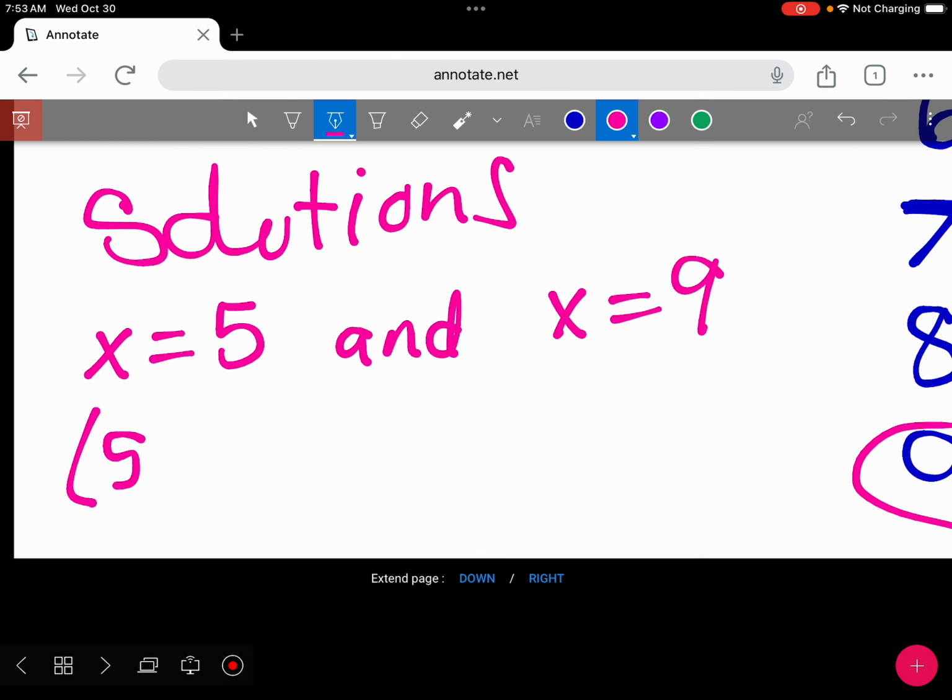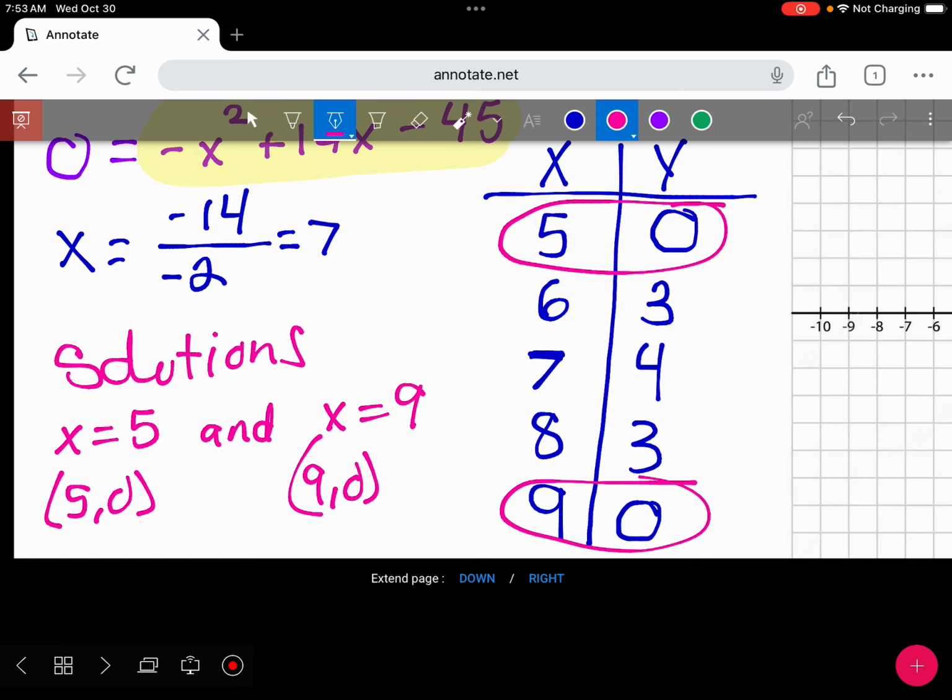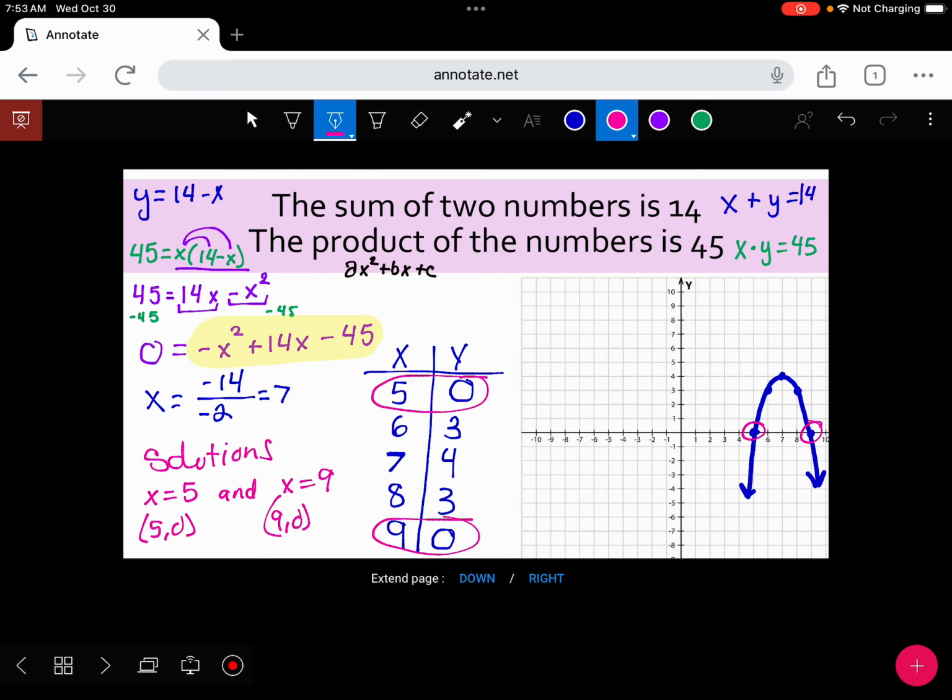Or write them as points, 5, 0 and 9, 0. Okay? So that one's a really unpleasant setup, but the graph was better than the last one. Questions on that one?